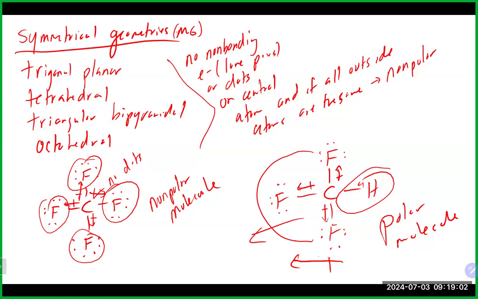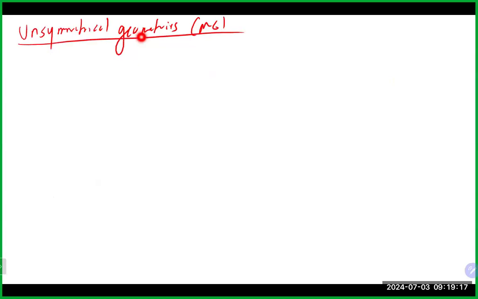Now, that means that there are also unsymmetrical geometries. And again, these are molecular geometries. So just a few of the unsymmetrical ones, maybe not all of them. For your case there, what do we have?